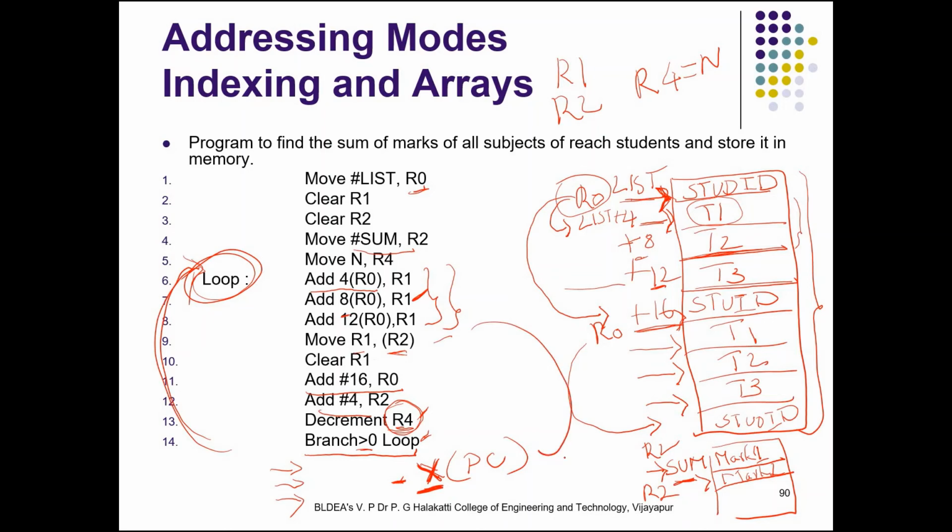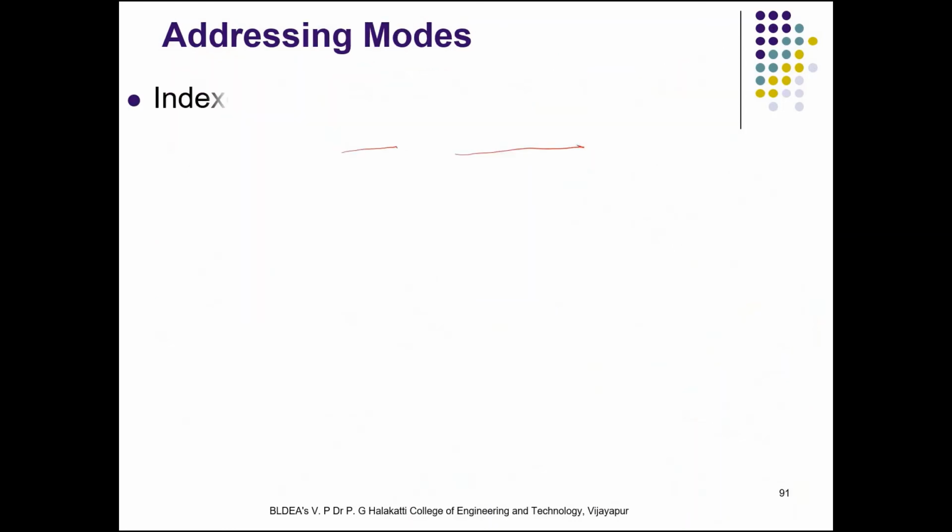If I want to branch forward, it will be positive. When it is negative, the PC content, when added with a negative value, gets reduced so that it will point to the previous instructions. If it has to branch to instructions ahead, then the X value will be positive.